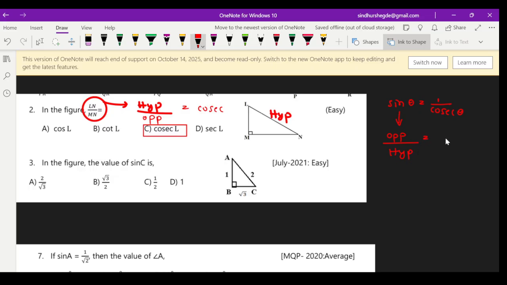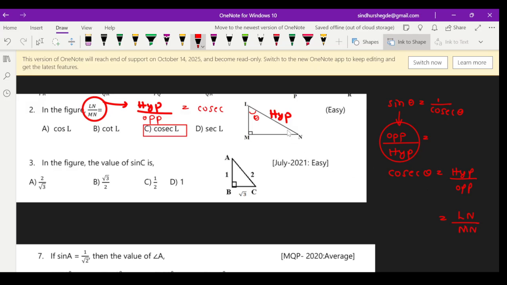So what would be the cosecant theta? Cosecant theta is exactly the reverse of this one, that is hypotenuse by opposite side. What is hypotenuse here? LN, and if you consider this as the theta, so opposite side will be MN.